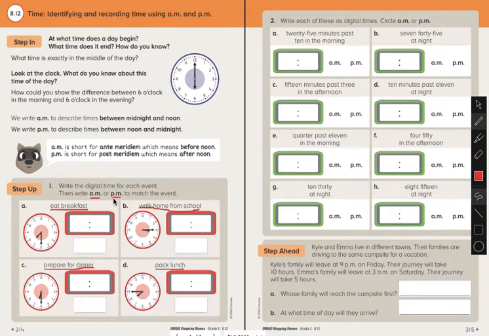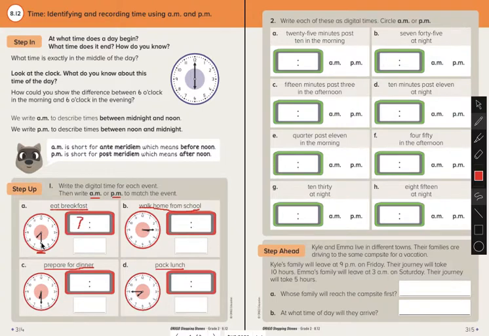Eat breakfast. In a snap, can you tell what time this clock says? I'll give you a couple seconds to figure that out. Let's look at the hour hand first. It passed 7 last.